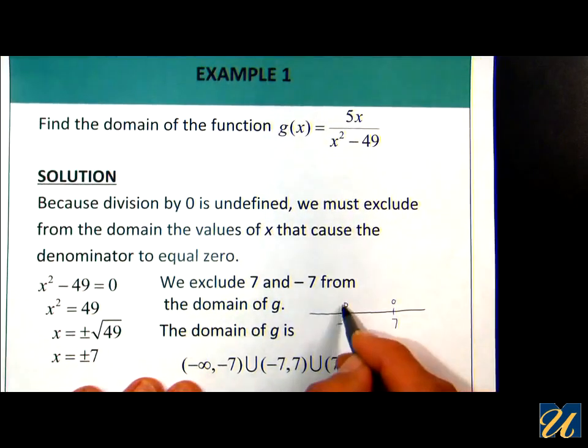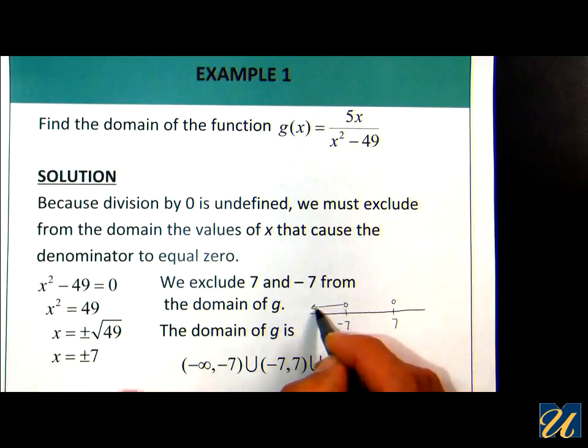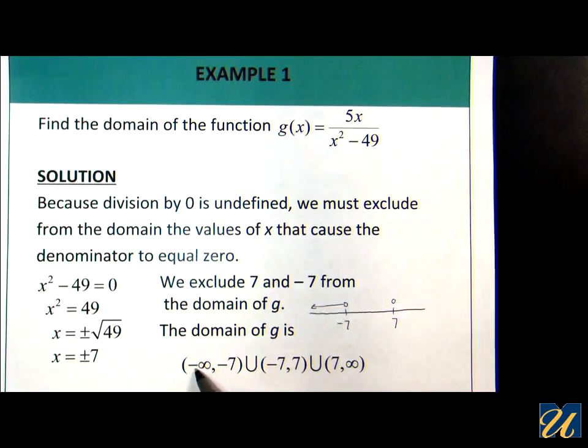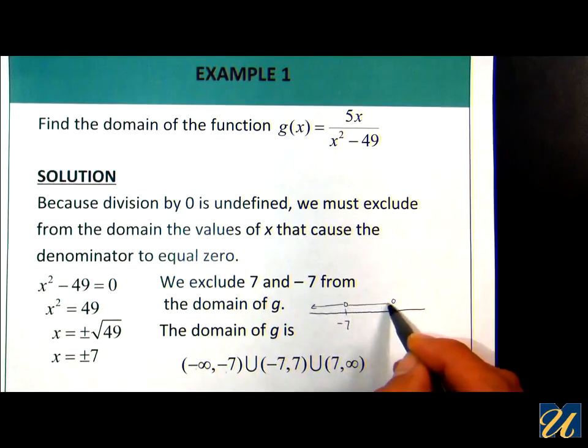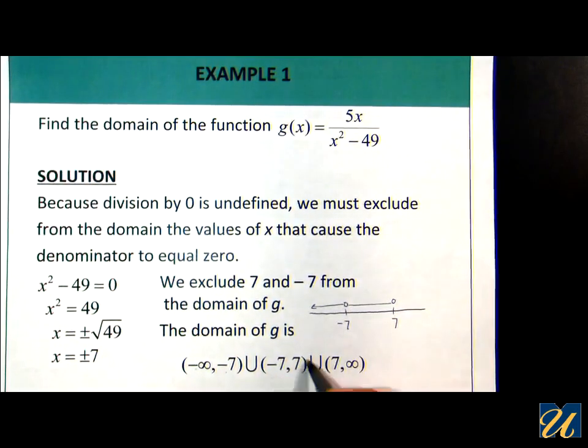But we can use anything to the left. That means the interval negative infinity to negative 7. The open parenthesis here indicates not included. We can also have everything between negative 7 and plus 7. That's this open interval right here, not including the endpoints, so we're using parentheses here.